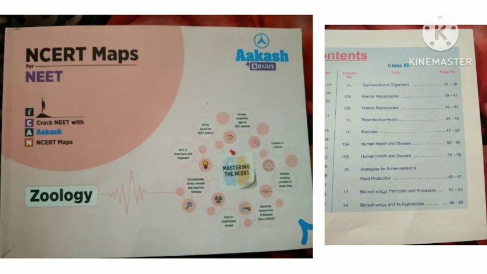IUDs. Withdrawal method, coitus interruptus: insemination is avoided as the male partner withdraws his penis from the vagina just prior to ejaculation. Oral pills. Injections and implants. Emergency contraceptives. Lactational amenorrhea: absence of menstruation up to 6 months during the period of intense lactation following parturition.